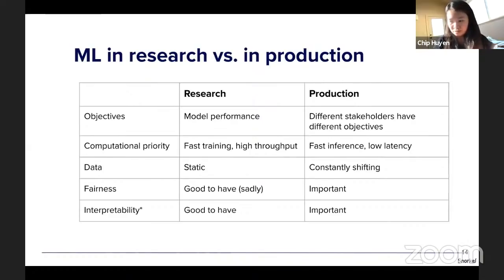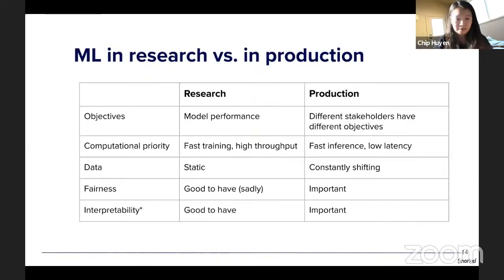Whereas in production, the data changes over time and can change very quickly. For example, if you launch a new marketing campaign, suddenly you have users from a demographic you have never seen before, so the data needs to be updated to reflect the changes.